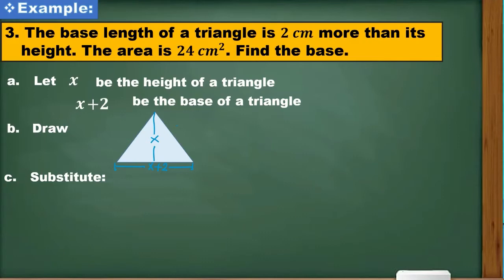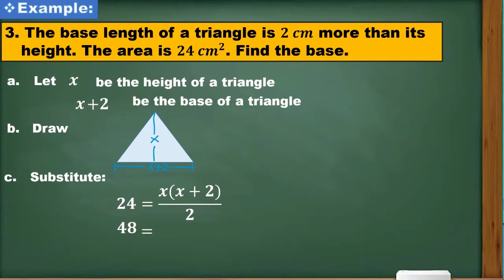When we substitute this to the formula of the area of a triangle, the equation is 24 equals x times the quantity x plus 2 over 2. By cross multiplication property, 24 times 2 is equal to 48.